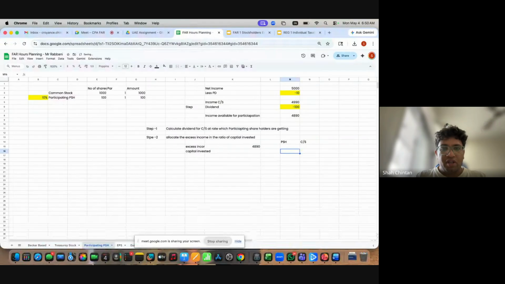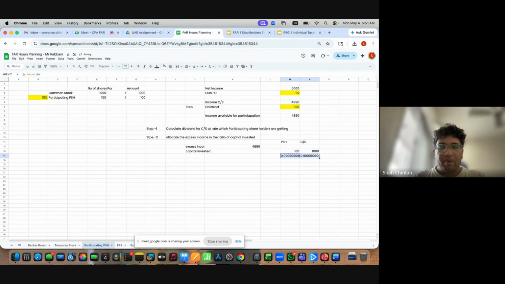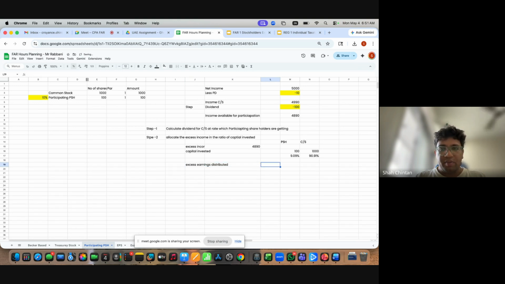Preference shareholders have invested $100, common stockholders have invested $1,000. What is the ratio? 100 divided by 1,100, 1,000 divided by 1,100. So what is the ratio? 9% and 91%. So what is the excess earnings distributed? You are distributing 4890 in the ratio of their capital investment, $445 and $4,445.